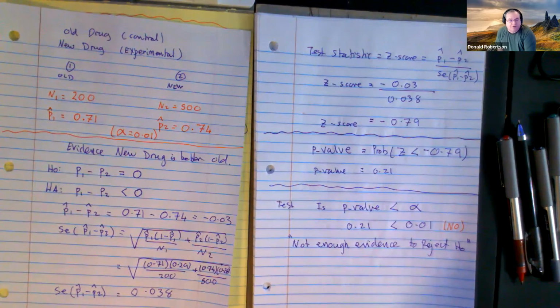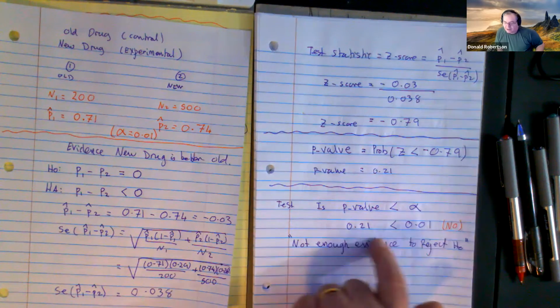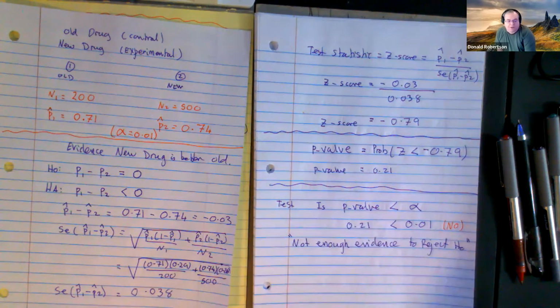Now, not enough evidence is not the same thing as saying it doesn't do a better job. It just means we can't prove it one way or the other. So that's a pretty boring kind of conclusion. You might as well have said, well, we just spent $2 million on a big clinical trial, and at the end of that clinical trial, we haven't proved to the FDA that we've got a better drug.